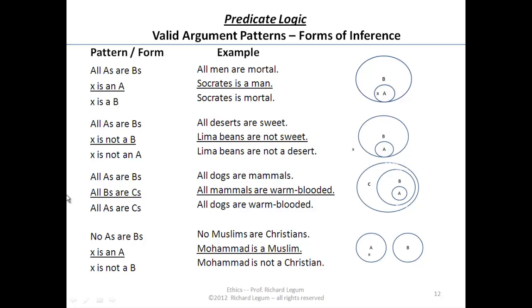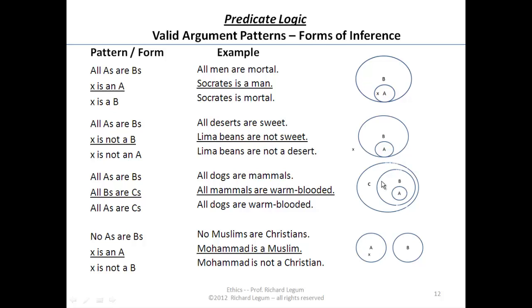Going on to the third one: all dogs are mammals, all mammals are warm-blooded, therefore all dogs are warm-blooded. It tells you all A's are B's, all B's are C's, therefore all A's are C's. In other words, if we draw a circle and put everything that's an A in that circle, everything in the A circle is contained within the B circle.